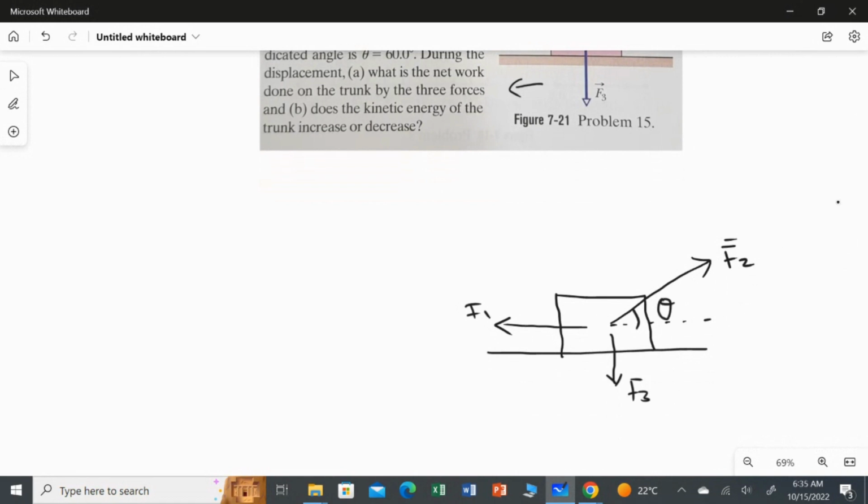Now the most important thing is to identify the direction, because in this question the trunk is placed on the horizontal, and the object has the displacement in the leftward direction. So I can write here, this is the left direction, this is the right direction. Clear? So we take the right direction as positive x, and the left direction as negative x. Clear?